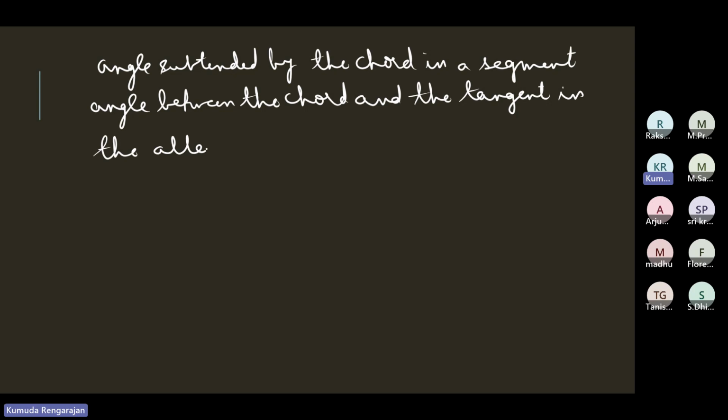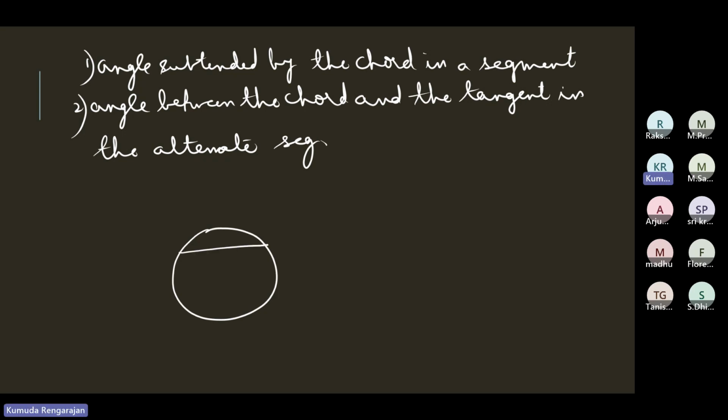That is the other segment, alternate. These are the two angles. The angle subtended by the chord in a segment and the angle between that same chord and the tangent in the alternate segment. These two angles are equal.